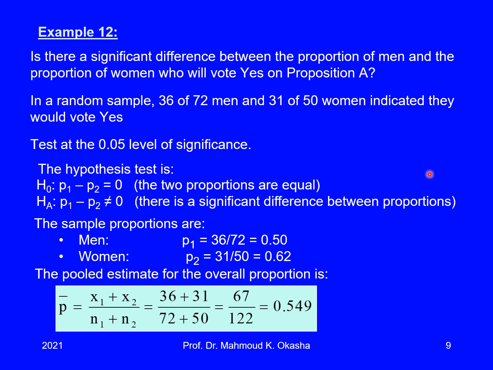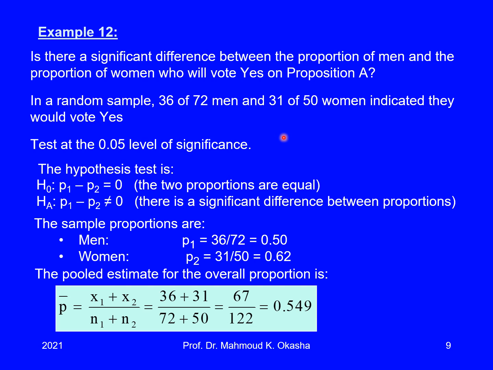We have a proposition A, for students, for the legislative council, or whatever, and we vote yes or no. And we want to test whether there is a significant difference between the proportion of men and the proportion of women who vote yes.